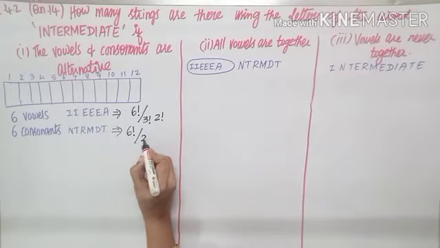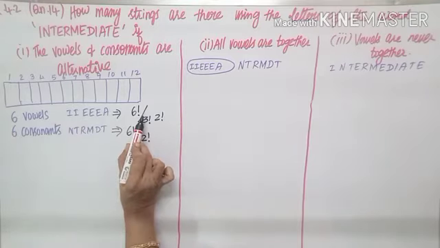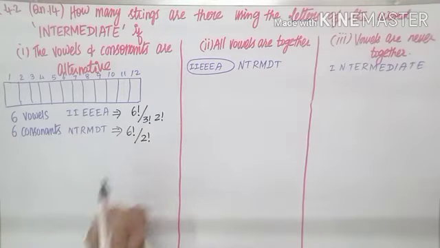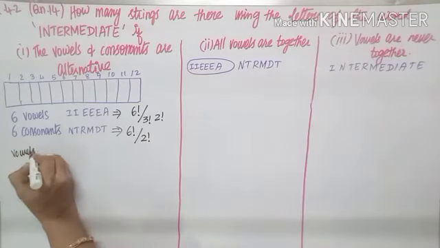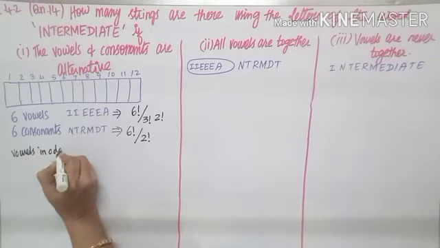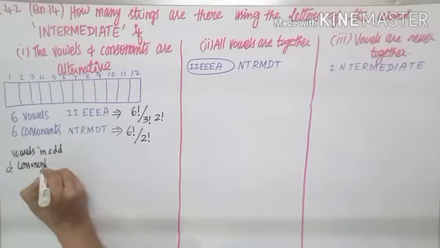So vowels alone we have seen the arrangement. Consonants alone we have seen the arrangement. Suppose the vowels are in odd places and consonants in even places.